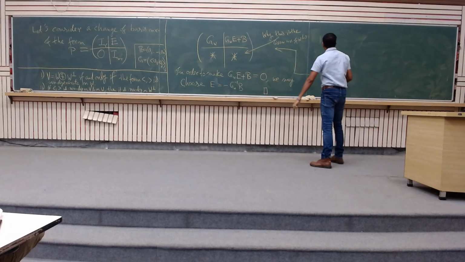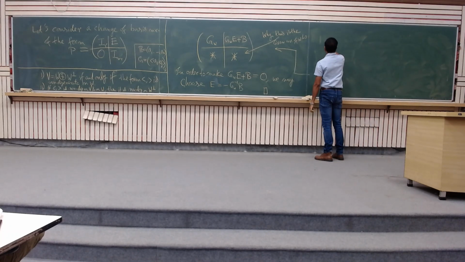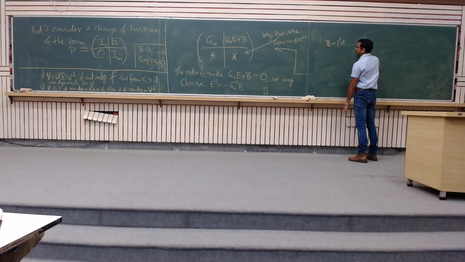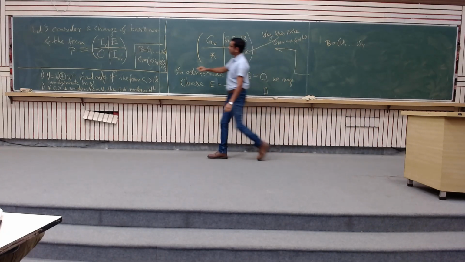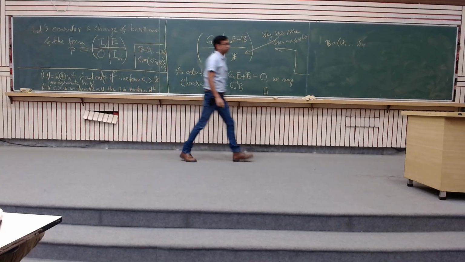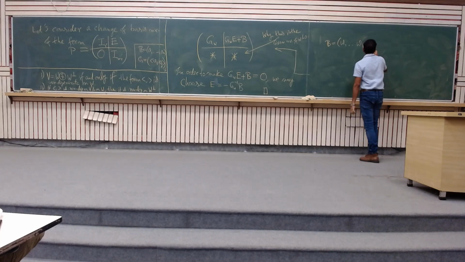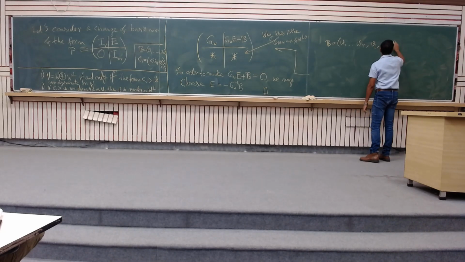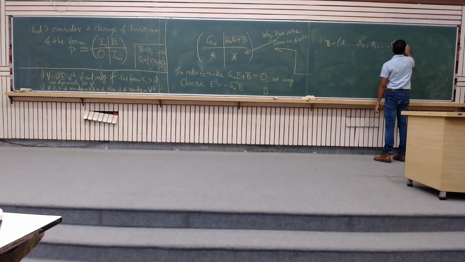Suppose B is equal to W1 dot dot WR, and if we are changing by this matrix, we are not changing the basis part W1 to WR, but the rest of the basis elements. Instead of U, we must denote it by something else now. Say V1 dot dot Vn minus R.